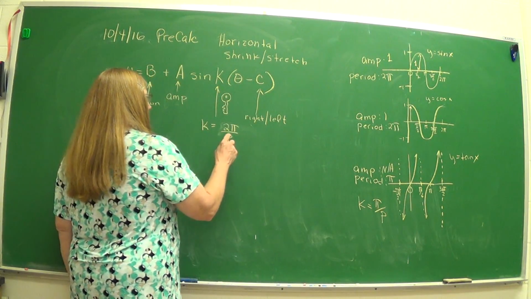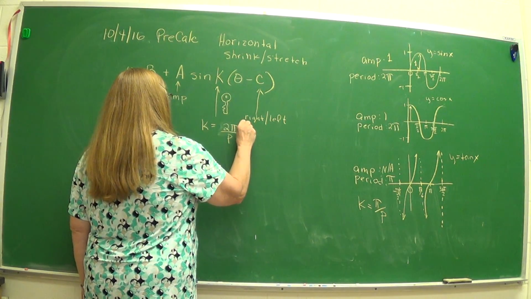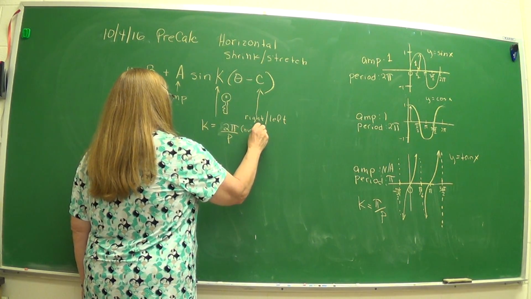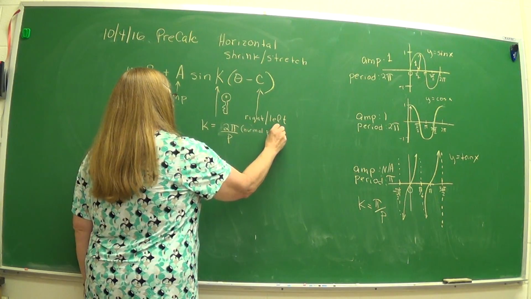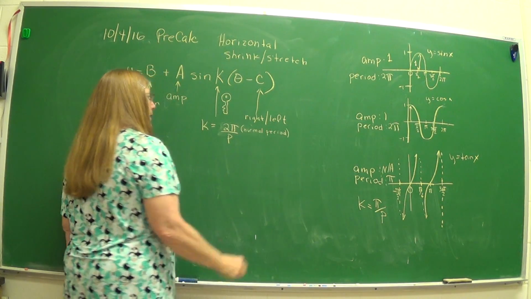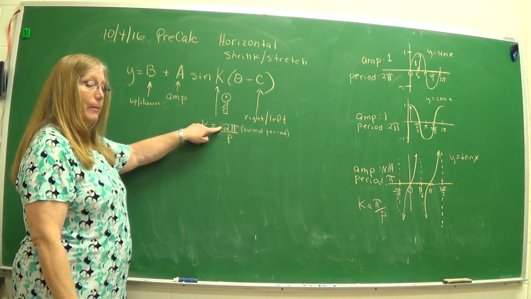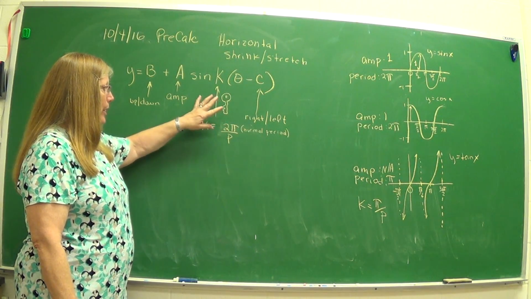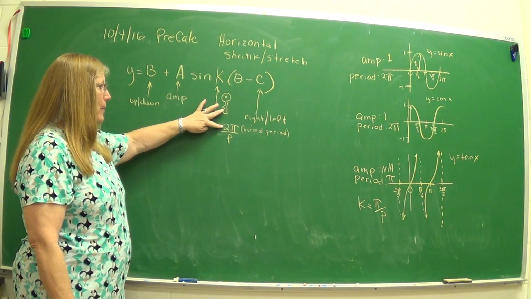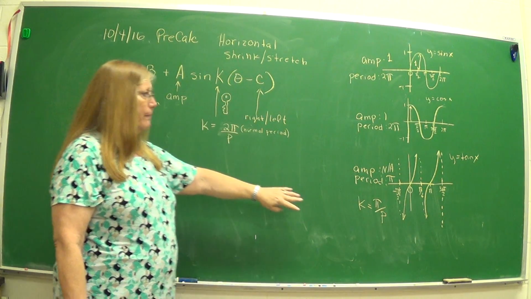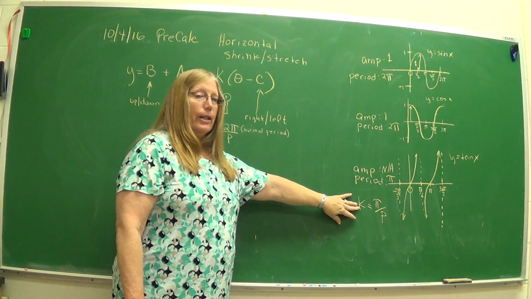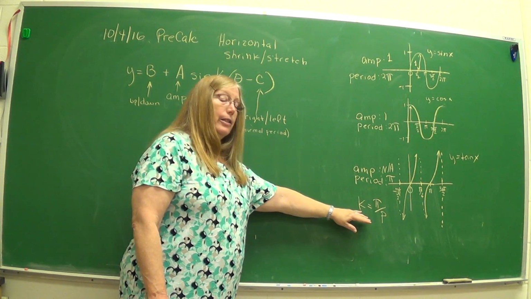So this right here is the normal period. We're going to be working in sine and cosine this evening and tomorrow, so 2 pi is always going to be the value here. If we pull out a tangent, this relationship changes.